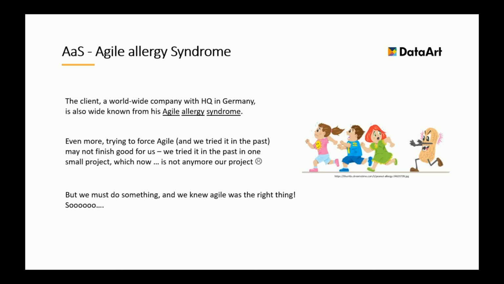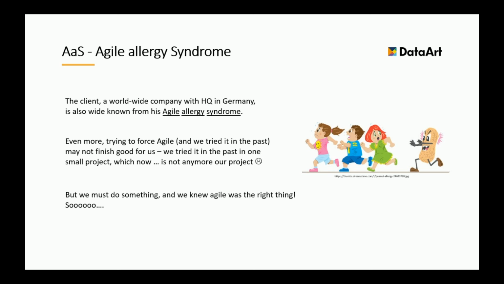The client has some weakness. That client had a kind of syndrome. I call it AS, not to be confused with the classical AS. It's Agile-flavored syndrome. The client was a kind of worldwide company, headquartered in Germany, recognized also here in Poland, and they are known till now for not liking to conduct projects in Agile at all.